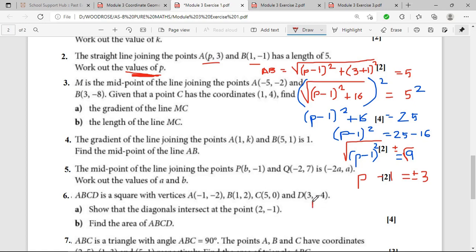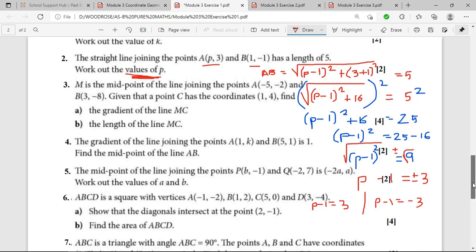So to find the values of p, you are going to say p minus 1 is equal to the positive 3 first, and then p minus 1 is equal to minus 3. So you complete the values of what? The required values of p.